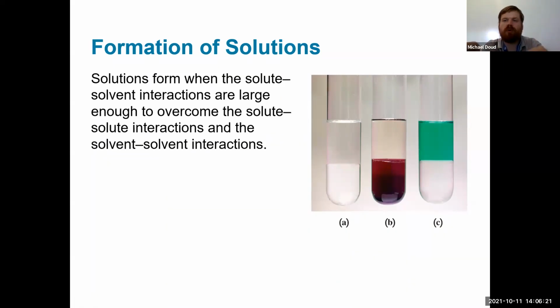If you have two groups of people that all know each other really well, but they don't know people from the other group, they're going to be stuck with each other. That's the solute-solute interactions and the solvent-solvent interactions. But if you get people who know each other relatively well, maybe they're ready to talk to each other at the party, then all of a sudden the interactions from one group to the other overcome the barrier, and so the people are able to interact, and in the same way the solute and the solvent molecules are able to interact.